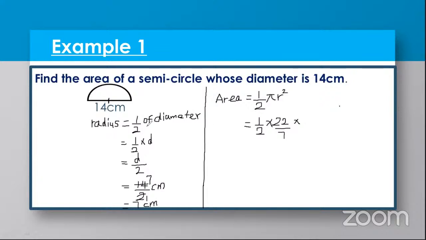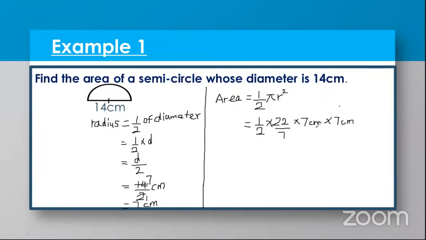So I had to change that diameter into radius so that it can be used in the formula. Now, r squared means r times r. That means my r is 7. So it means 7 times 7 centimeter here.